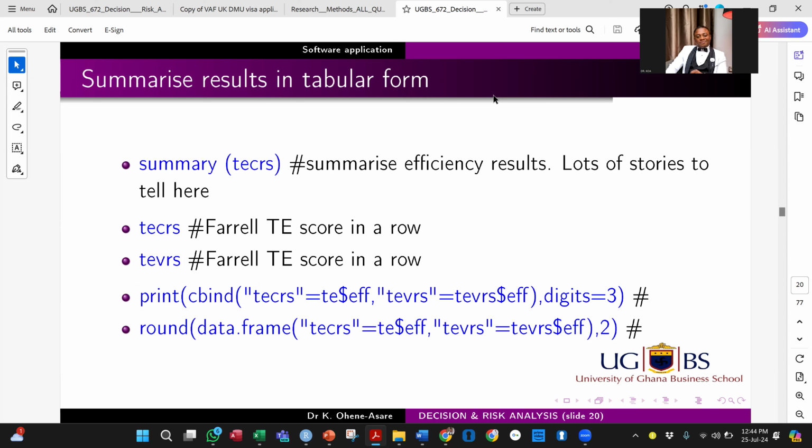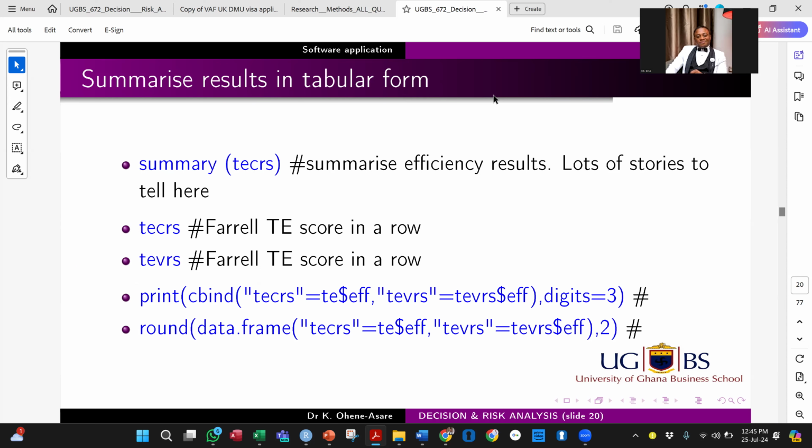Emily, do you have a question? Doc, I was just trying to say that the TE, if they run it like that, it's going to give an error. It has to be TECRS $EFF. In the round data frame, if you run the TE just as it is, it comes as an error that the object TE is not found.